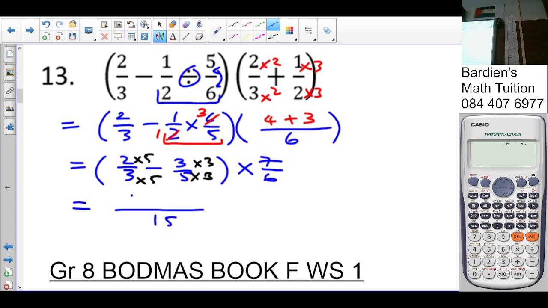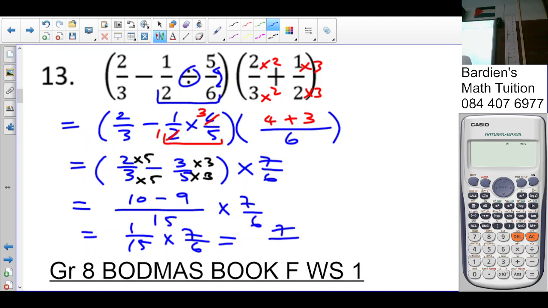So 5 times 2 is 10 minus 9, times 7 over 6. What is 10 minus 9? 1 over 15 times 7 over 6. Is there anything I can cancel here, people? No. So 1 times 7 is 7 and 6 times 15 is 90. It's 7 over 90.